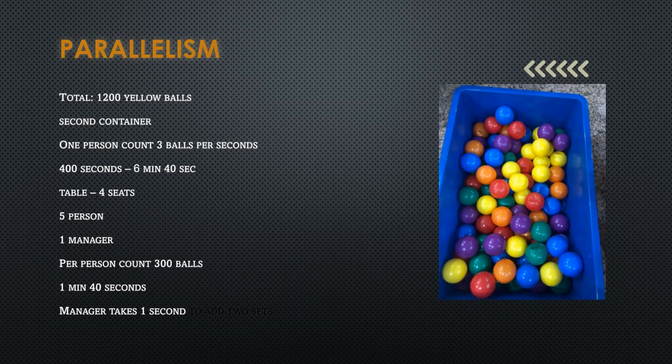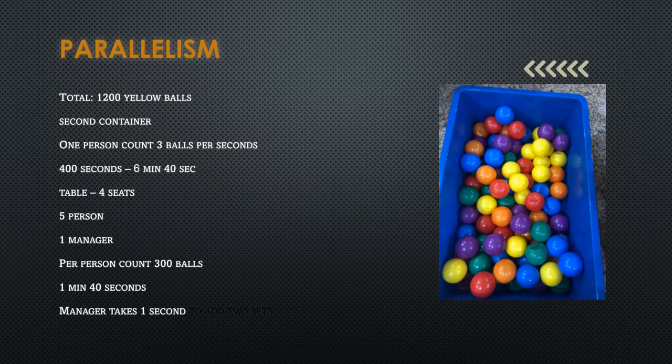Now suppose this container has been kept on a table and there are 4 seats. So now this task is assigned to 5 people. But there is a rule: whenever you use multiple people to perform this task, you have to appoint one manager, and this manager will do nothing but monitor the whole process and synchronize it.